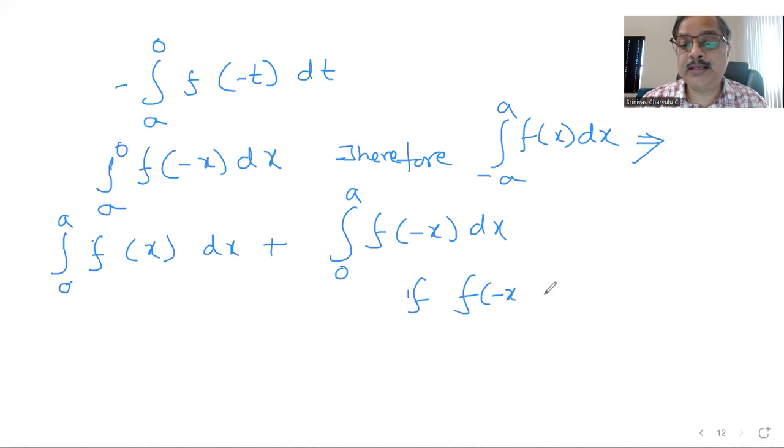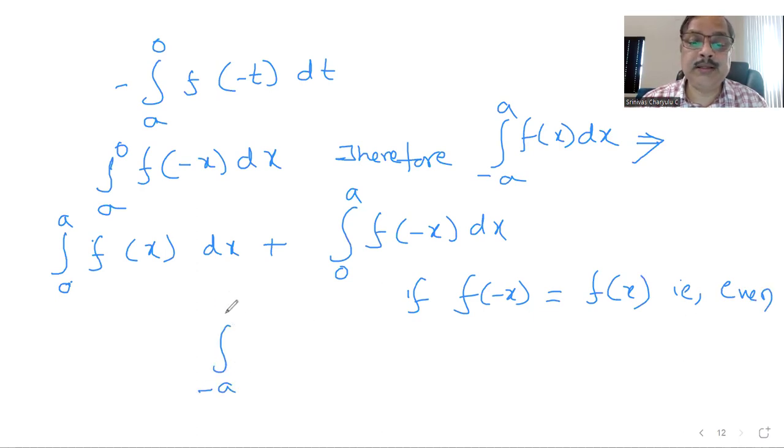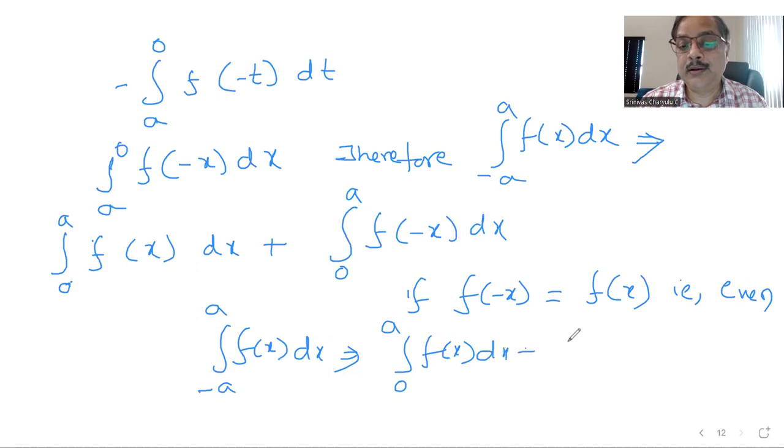So if f of minus x is equal to f of x, that is even, then integral minus a to a f of x dx will become integral 0 to a f of x dx plus integral 0 to a f of x dx, which is equal to 2 integral 0 to a f of x dx.